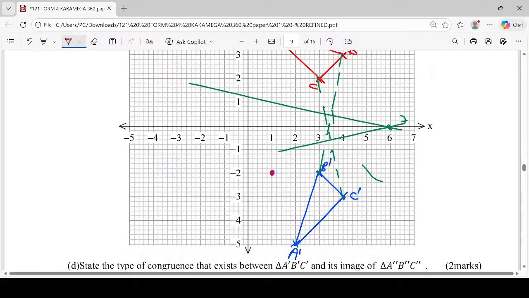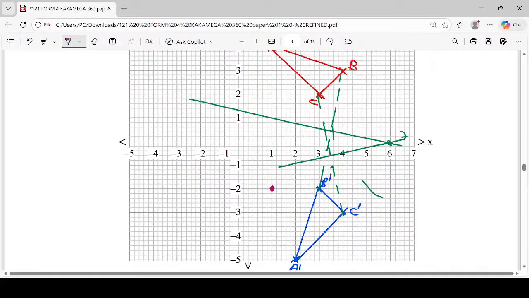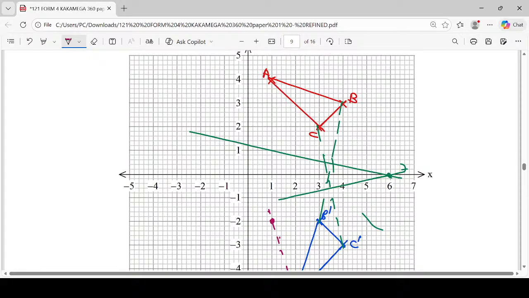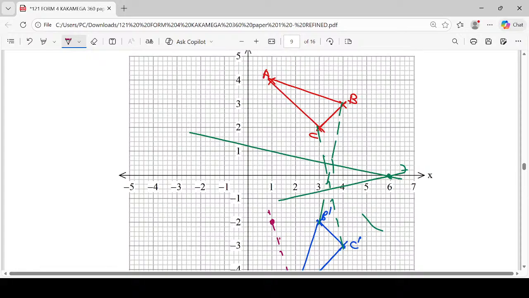So join A prime. If you want to locate it well, I join A prime through that center. And because the scale factor is -2, my A prime now will be going up to the top there.